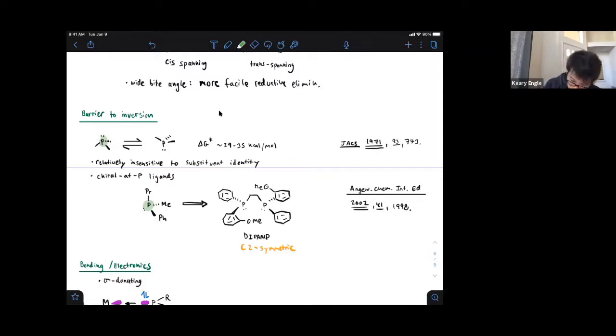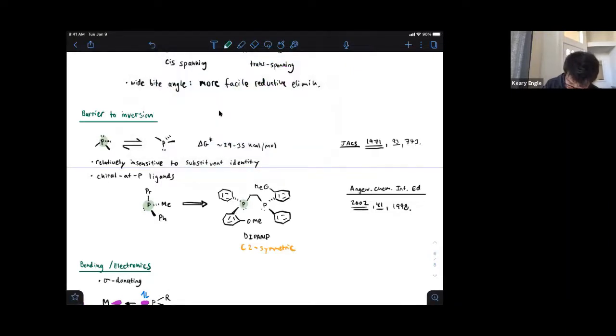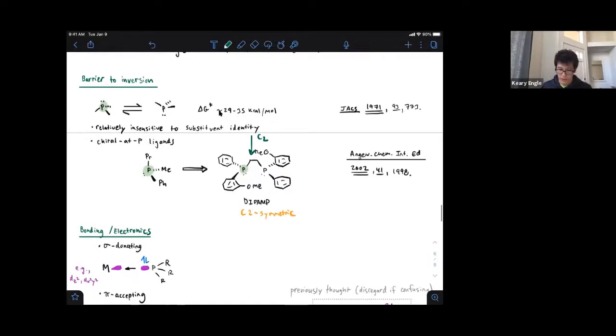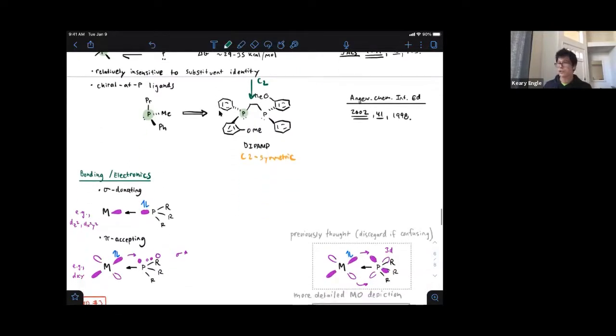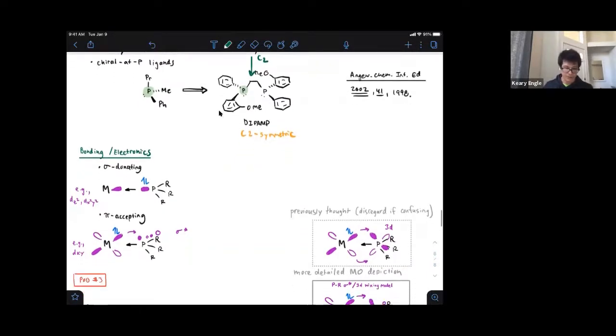It's chiral at phosphorus, but also has this C2 rotation axis. We'll come back to this. I'll just go through it quickly now, and then we'll come back to it in the context of other ligands for enantioselective hydrogenation.